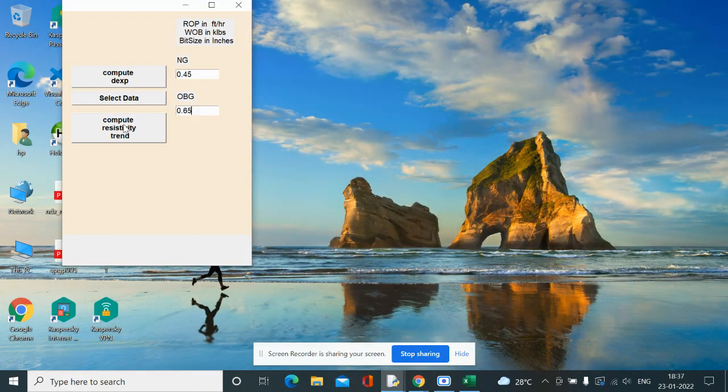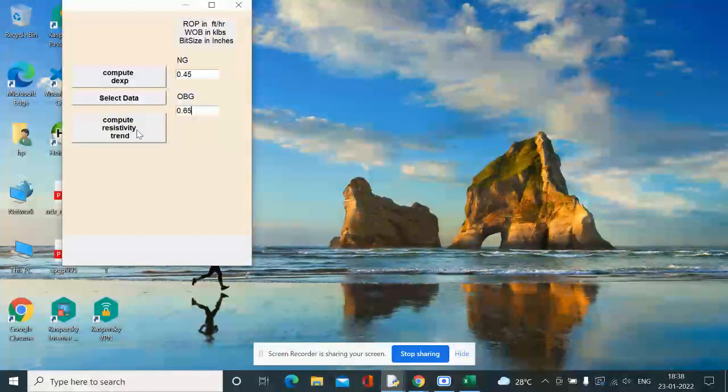Now let me click the button for the resistivity trend, compute resistivity trend, because this plots the resistivity with a linear trend line and a curvilinear trend line, and thereafter it plots pore pressure based on resistivity, and after that it plots a restricted pore pressure to allow for high spiky variation in the resistivity values.